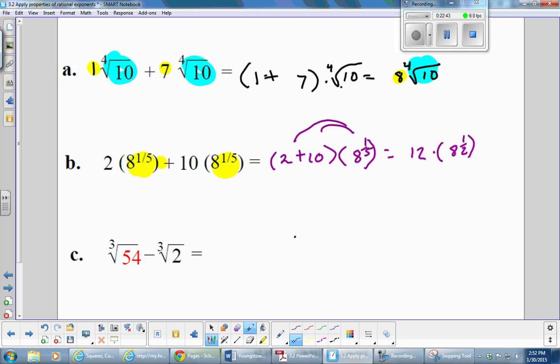If I broke it down, can I do this? Let's see if it would even make sense. Can I take the cube root of 54 and break it up into the cube root of 27 times the cube root of 2? So I broke this thing down in purple. Can anybody tell me why I did that?